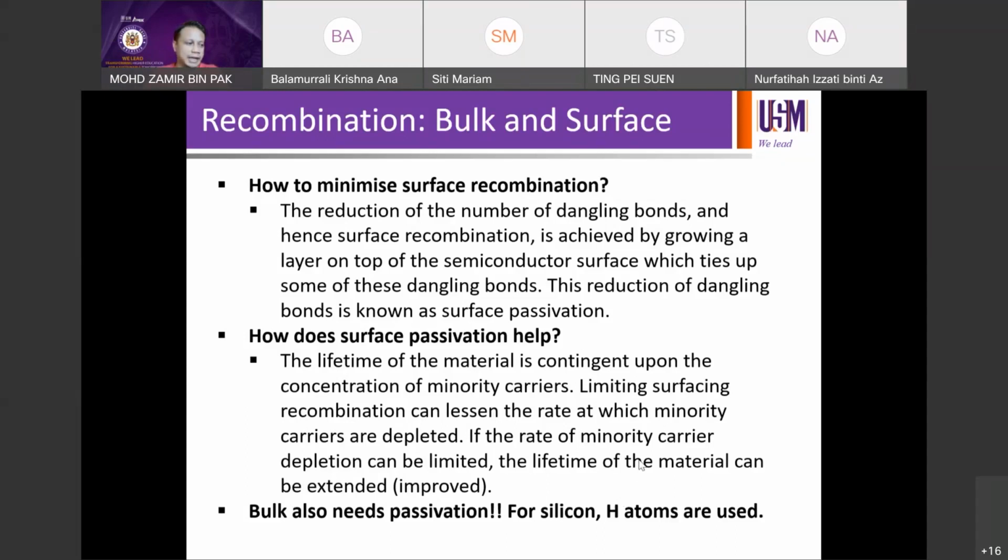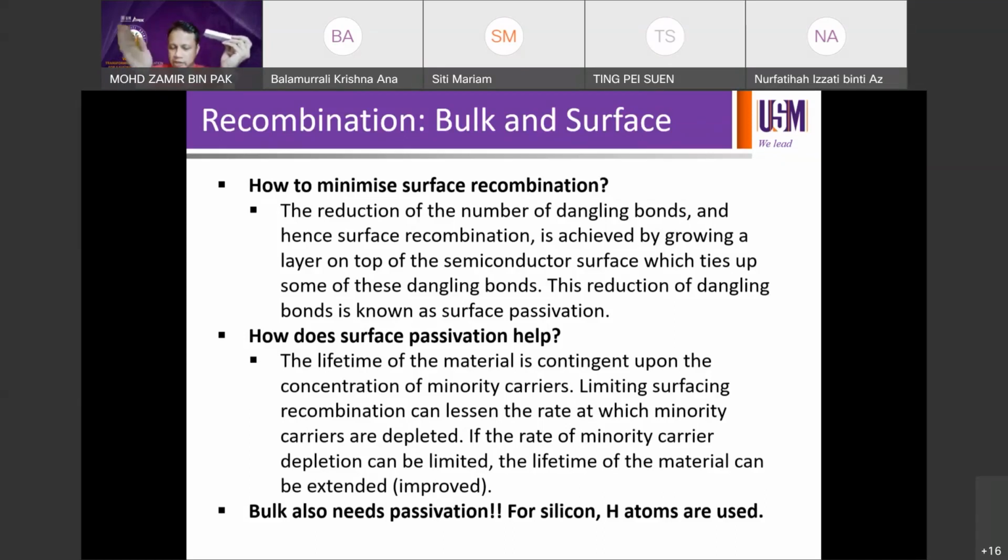So for silicon, if you're talking about silicon in the industry, typically we are using hydrogen in order to passivate the bulk and the surface as well. In the industry, we typically use hydrogenated silicon nitride. So that means silicon nitride with the hydrogen component.